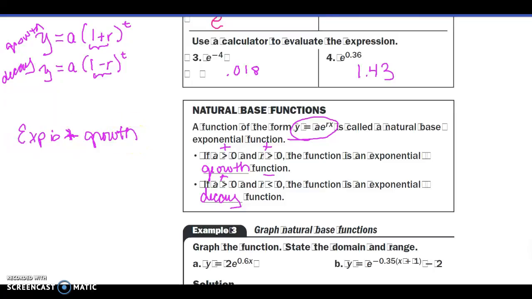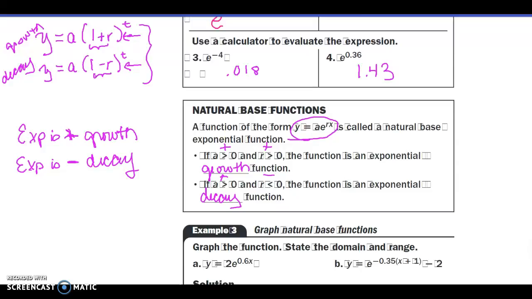With the other functions, you look for this factor here: is it bigger than 1? It's growth. If this factor is smaller than 1, it's decay. But with e, if the exponent is positive, it's growth. If the exponent is negative, it's decay. That's only when we have a function with e.